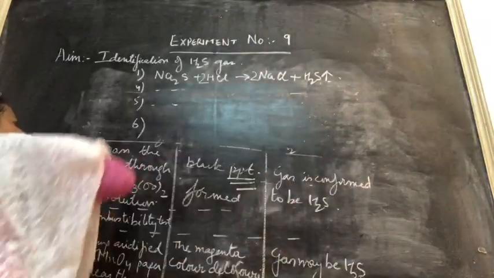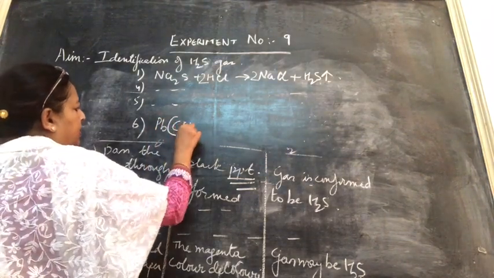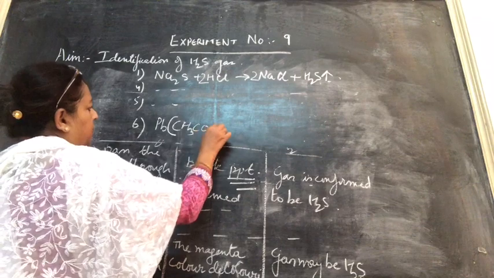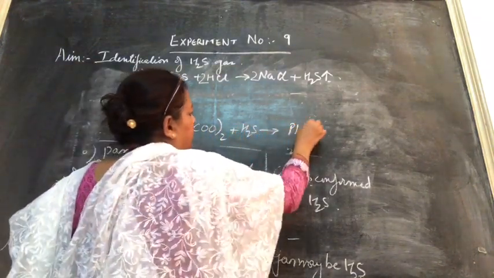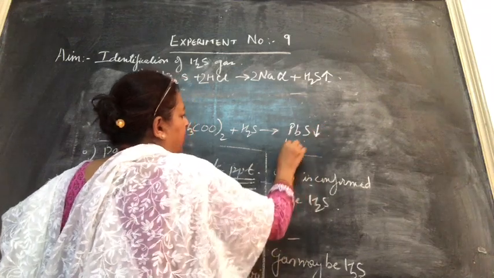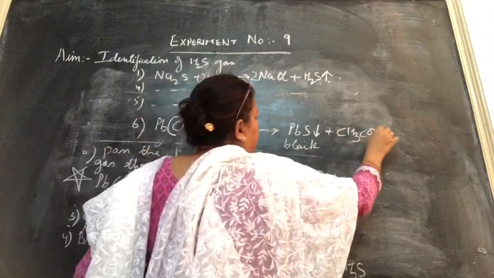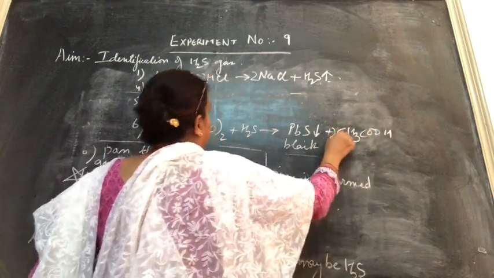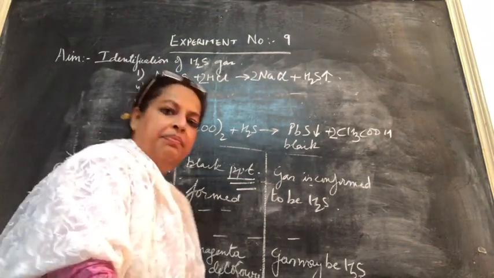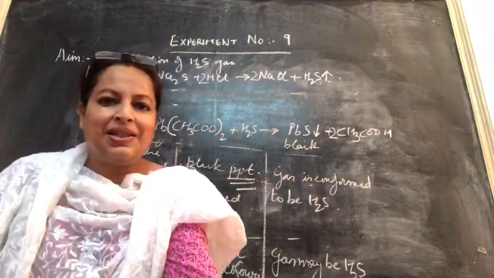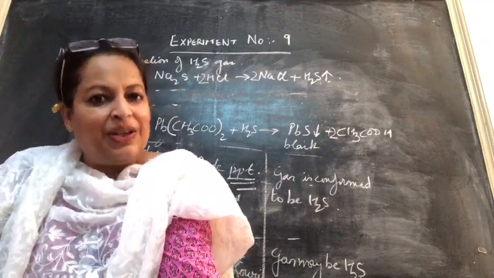So it is lead acetate (CH3COO)2Pb plus H2S, it gives PbS, which is a black precipitate, plus CH3COOH. Let's balance it. It is balanced, right? So this is your experiment number 9, identification of H2S gas.